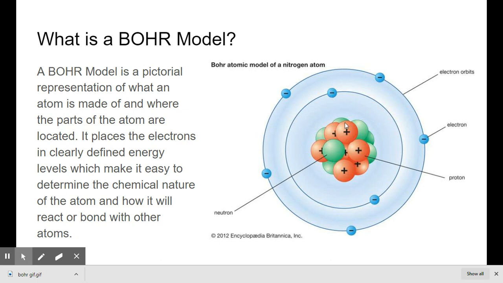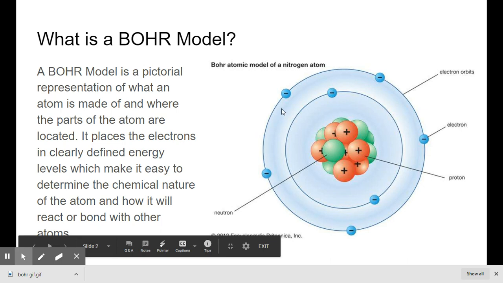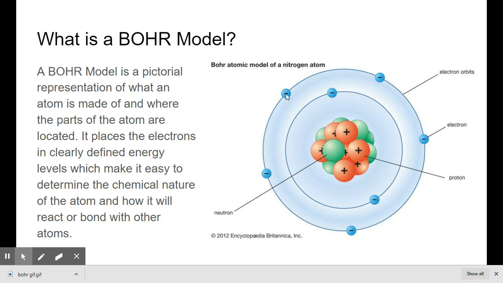It also has one, two, three, four, five, six, seven electrons. If you remember from our first week in chemistry, when we talked about APE MAN, A equals P equals E, if this model has seven protons and seven electrons in it, we can determine that the atomic number of this element is seven, therefore giving us the name of the atom that it represents, which in this case is nitrogen.